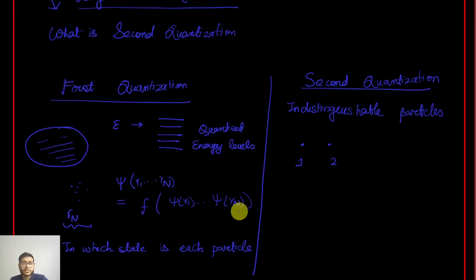If they are indistinguishable, then the whole physics changes, because what we talked about in first quantization, that we want to know the state of each particle, is an overkill if the particles are indistinguishable. Here we will rather consider how many particles are in each state.